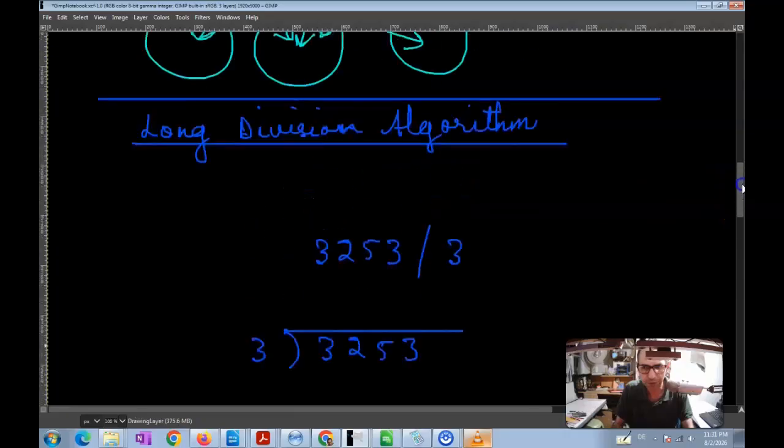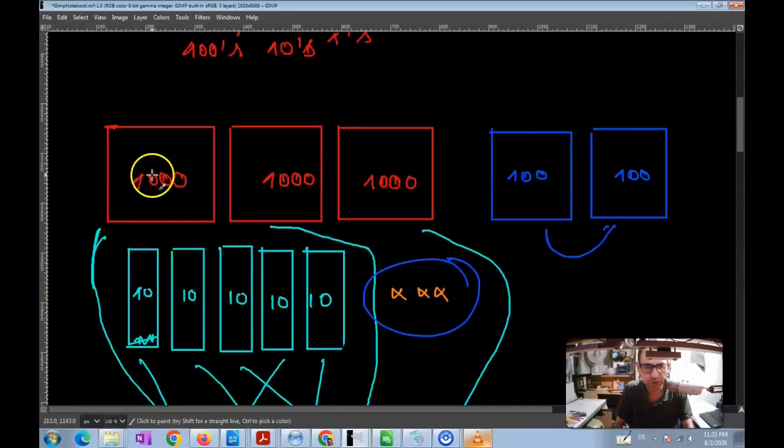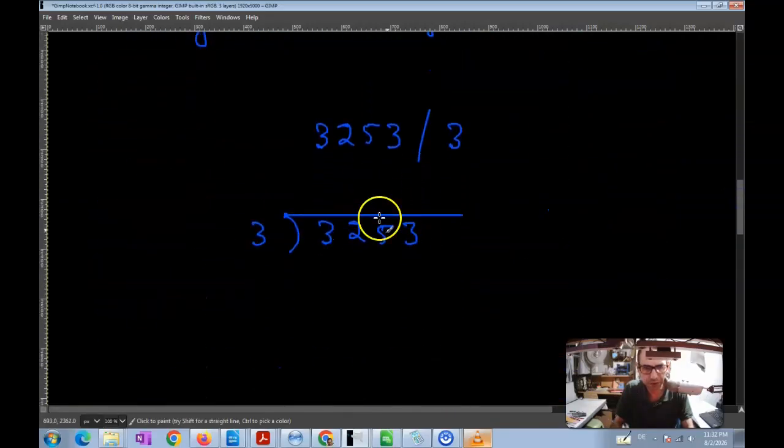Now over here, what we said was that we will start with the largest groups that we have in the number and distribute them. So we will do the exact same thing over here. In this number, this is the ones place value, the tens place value, the hundreds place value, and the thousands place value.